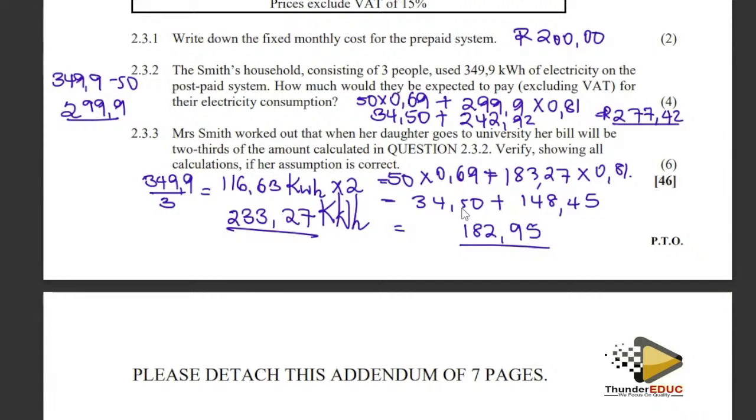But she said the bill will be 2/3. So this is what we've got. We need to look for the 2/3 of the previous bill. We need to compare this with the 2/3 of the previous bill. 2/3 simply means 2 out of 3.